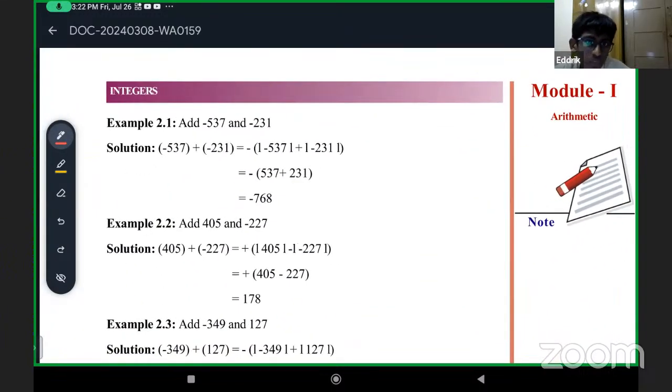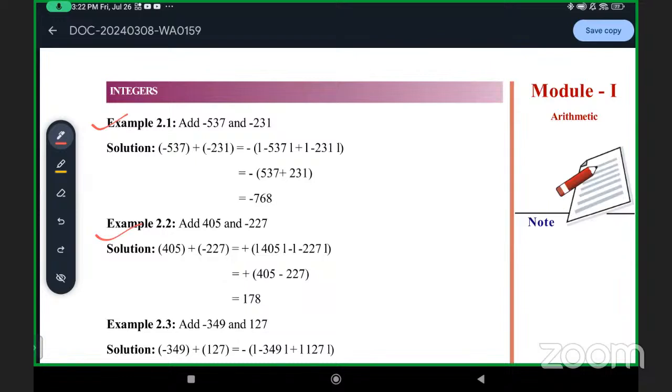Then we are having some addition questions. Add minus 537 and minus 231. So this will become minus 537 plus minus 231. Now we are having plus and minus, so I can write it like this: minus 537 plus minus minus 231.